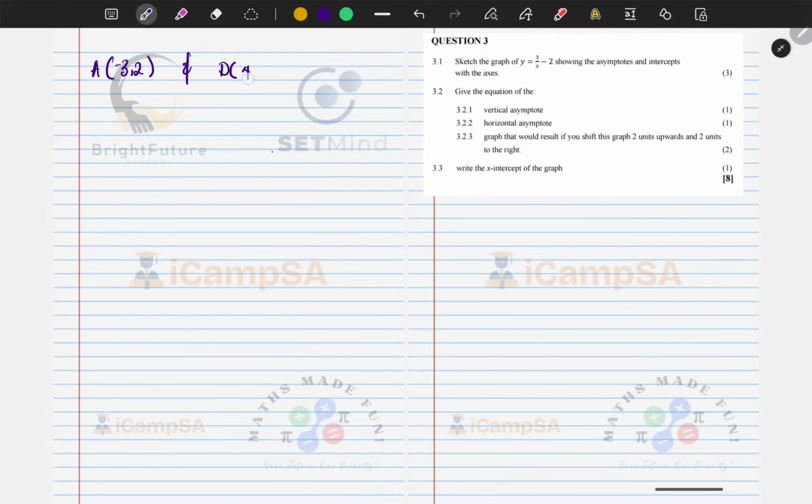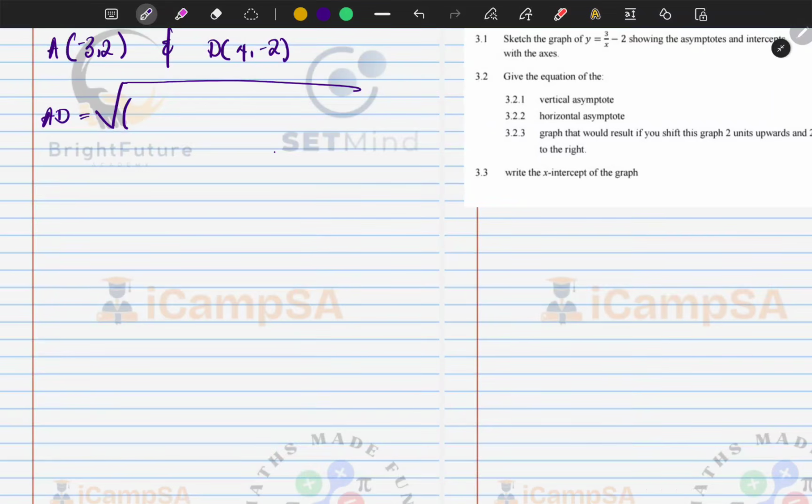So we can use the distance formula, which is going to be your AD, equal to the square root of your x2 minus x1 squared plus your y2 minus y1 squared.